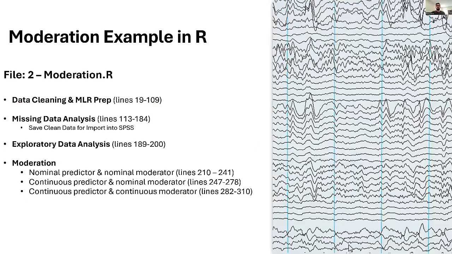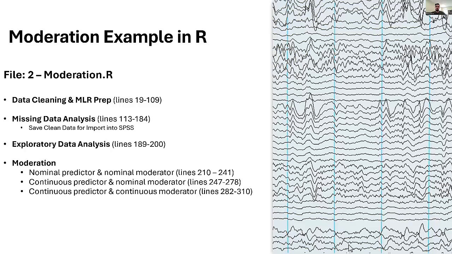So we're going to jump into the moderation example here in R. I have the code for a nominal predictor and a nominal moderator, continuous predictor and a nominal moderator, and continuous for both the predictor and the moderator. We're going to go through the first two during this seminar.